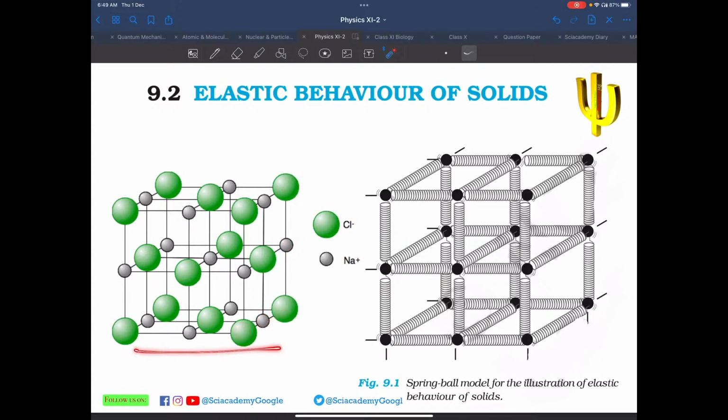They are ordered and they are attached together by an ionic bond, and this ionic bond provides the connection between the two ions, and they are so strong that they make the NaCl compound stable.